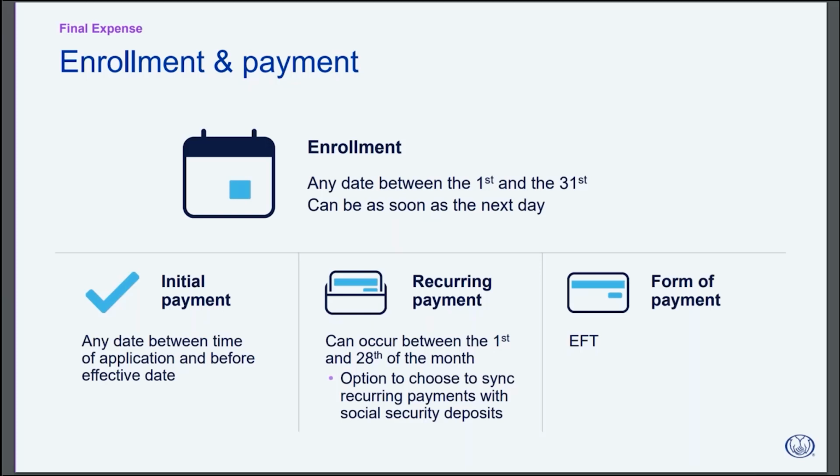Recurring payment can occur between the 1st and 28th of the month, with the option to sync recurring payment with the Social Security deposit. The form of payment is electronic. That's important, because we all want to make it easier for that person to be able to pay their policy.